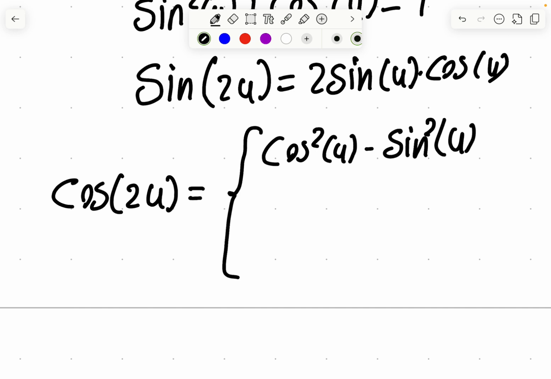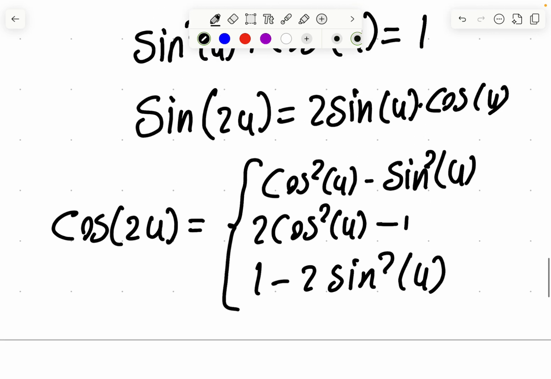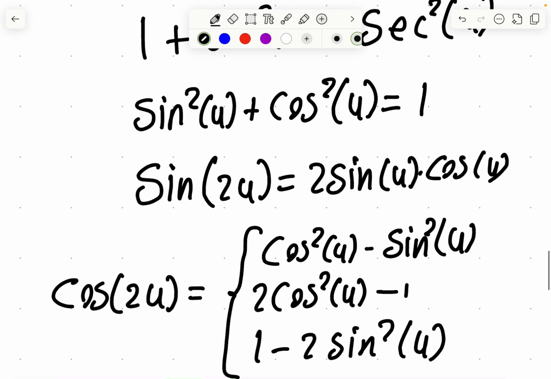The second one is 2 cos squared u minus 1. The last one is 1 minus 2 sine squared u. It's easy. You know these from grade 11 or 12, I think. They're simple identities. So now let's do practice problems to see if we understand.